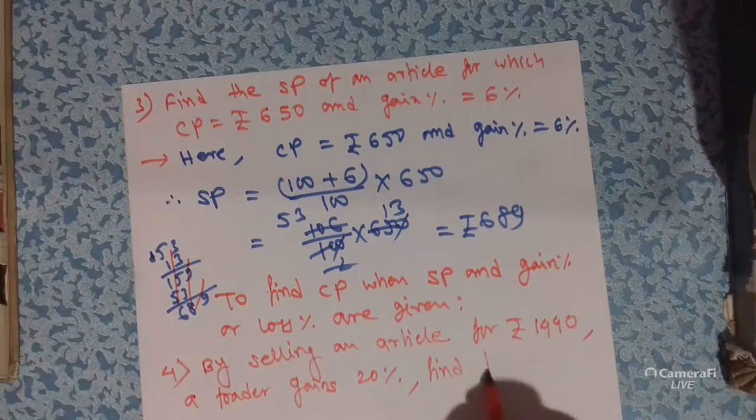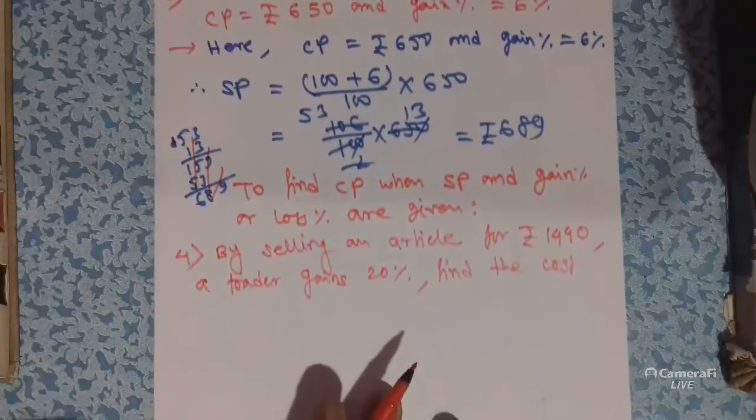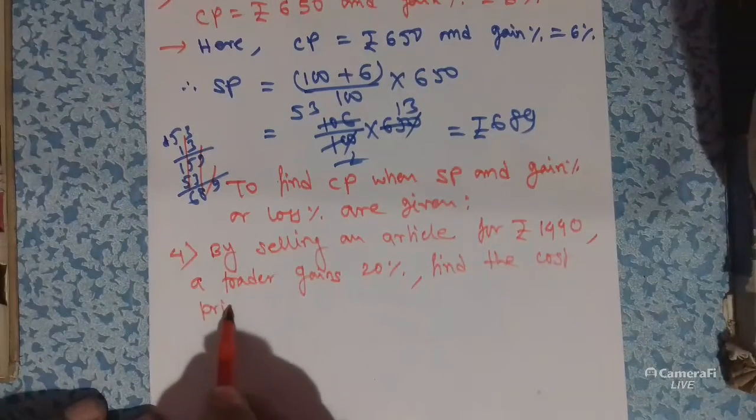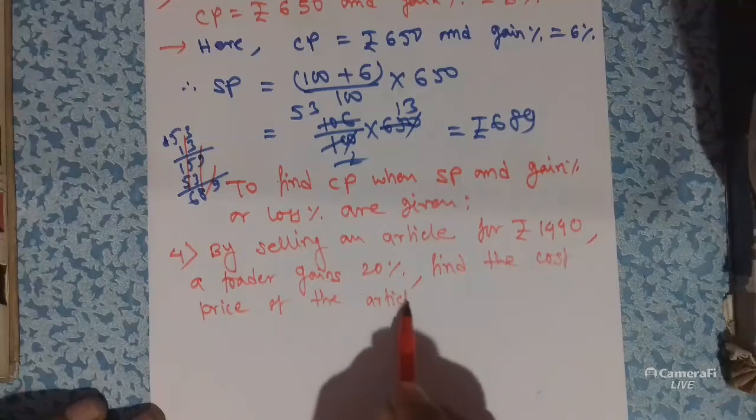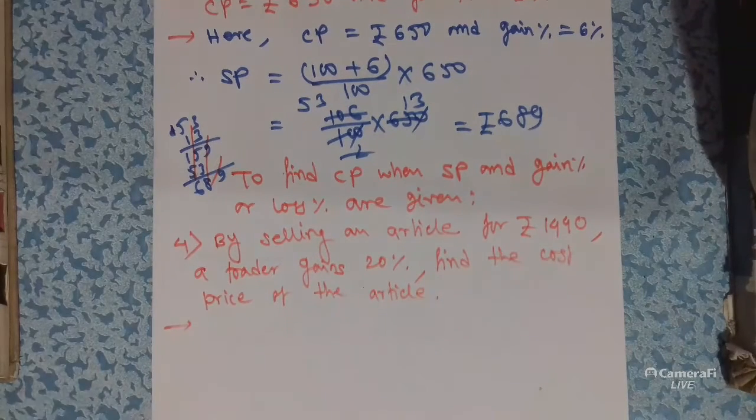Find the cost price of the article. The problem is, by selling an article for rupees 1440, a trader gains 20%. Find the cost price of the article.